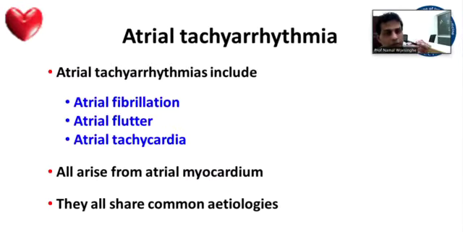The main atrial tachyarrhythmias are atrial fibrillation, atrial flutter, and atrial tachycardia. Usually the etiologies are also common. The conditions that make the atria enlarge, like valvular conditions or obstruction, hypertension, and ischemia, can all cause them.